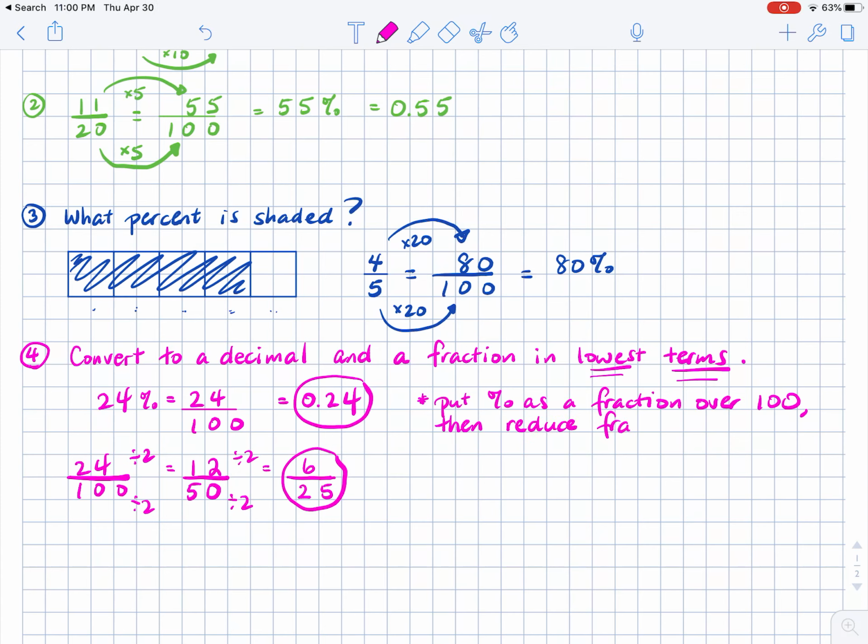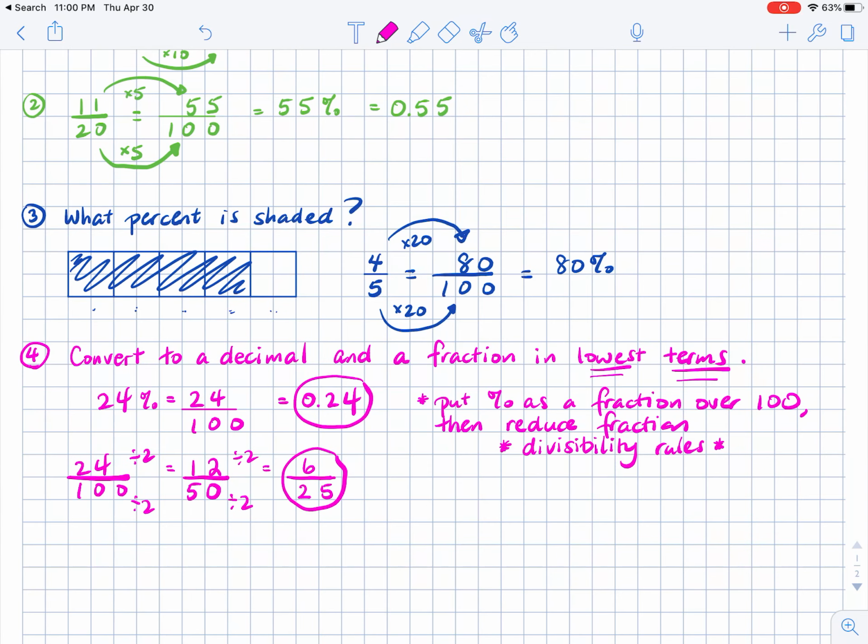Then reduce the fraction. Again, I'm going to put a note here. Remember your divisibility rules. This is where it all comes into play again. Okay, so that's another example of a question.